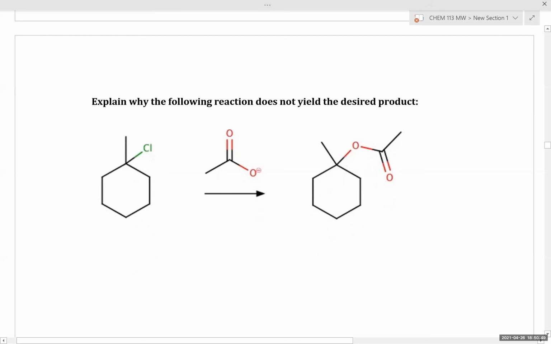So let's do a little bit of critical thinking here, and let's try to explain why the following reaction does not yield the desired product. Why does this reaction fail miserably? We have a tertiary alkyl halide, and we're treating it with acetate. Why does this reaction not work?